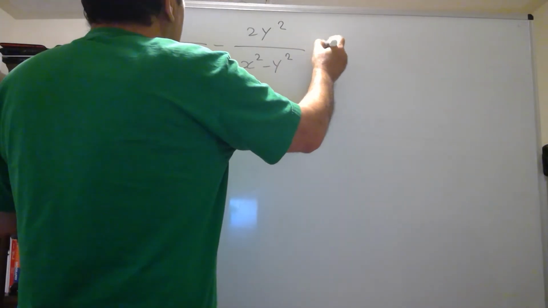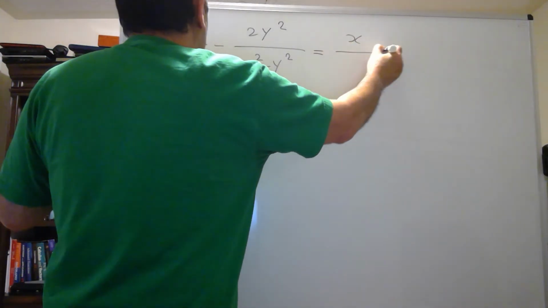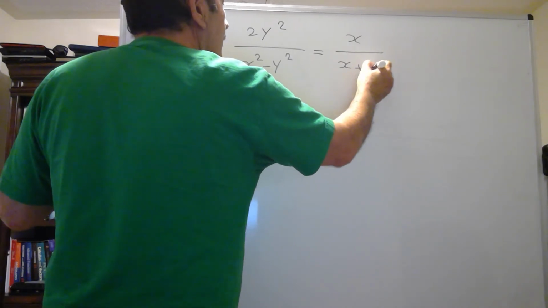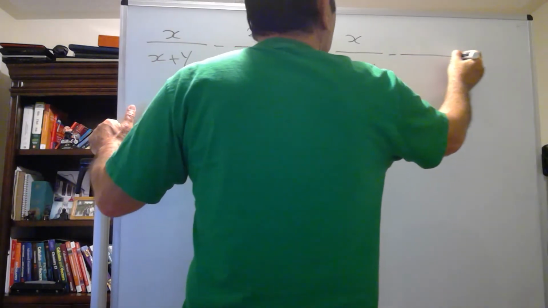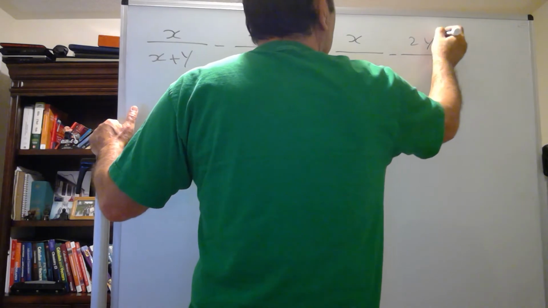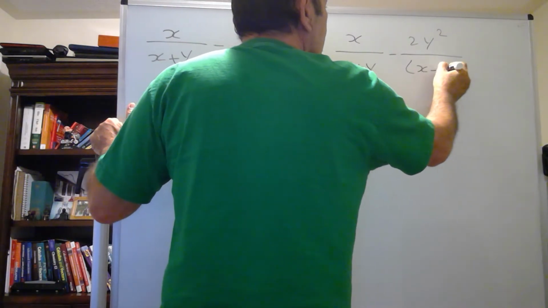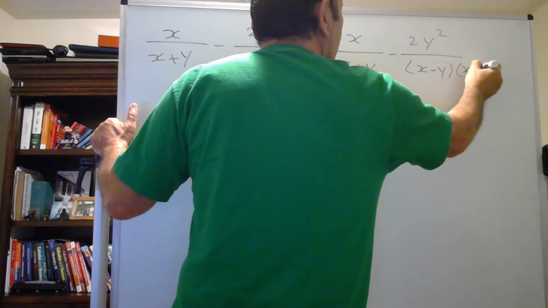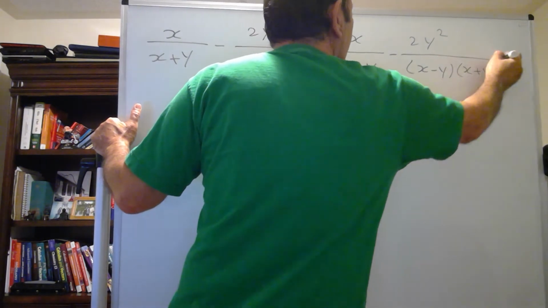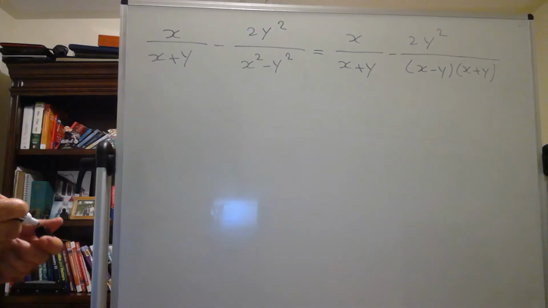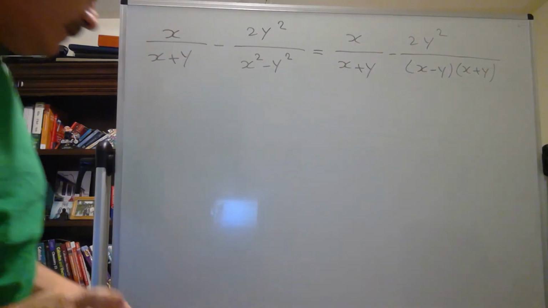The first fraction remains the same, x over x plus y, minus 2y squared. The denominator, I can write as x minus y, x plus y. Do you remember the difference of perfect squares?